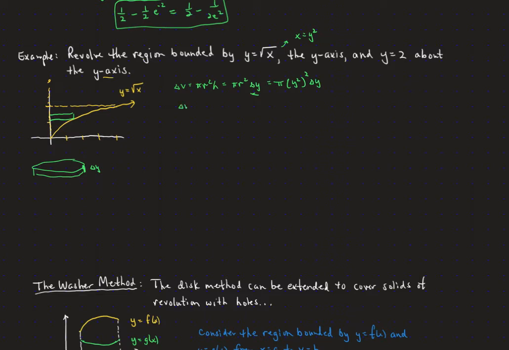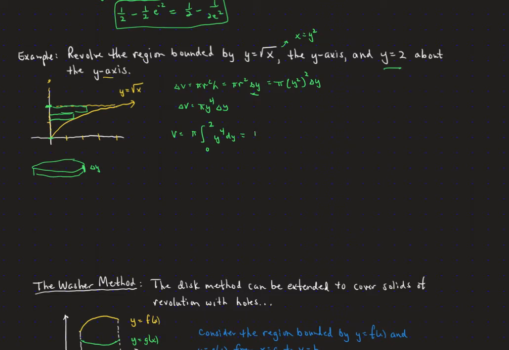So our delta volume is going to be pi y to the fourth delta y. Now we're going to need y limits here, since we're going to integrate using these slices going horizontally. And so we can see that we're going to go from 0 to 2. So our volume is going to be, the pi is going to come out, we'll go 0 to 2, those are y limits, of y to the fourth dy.